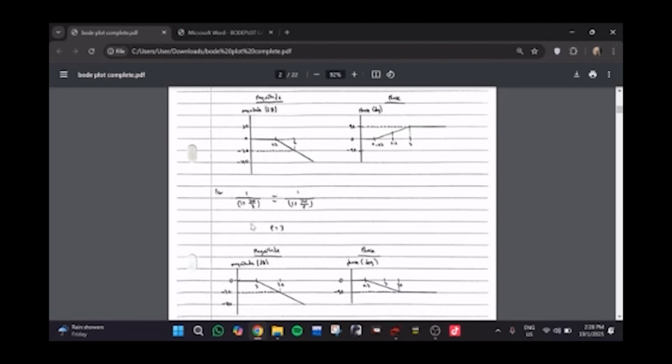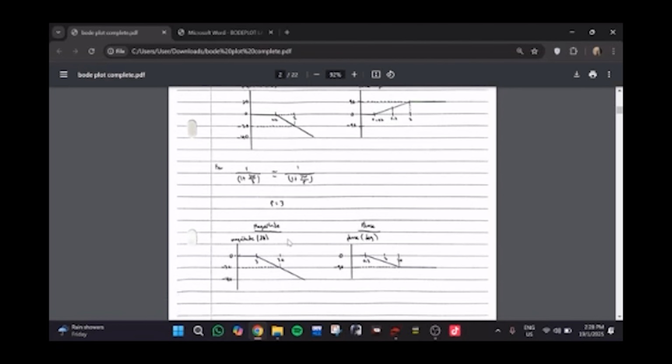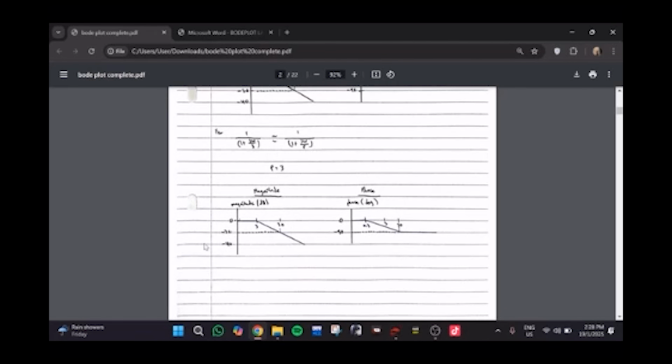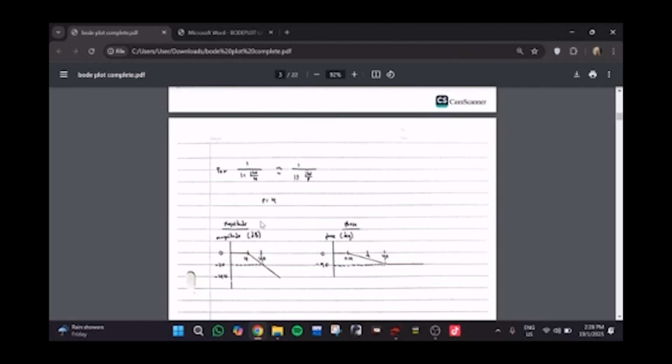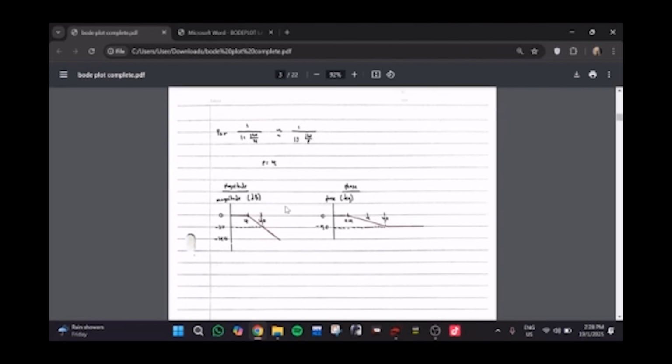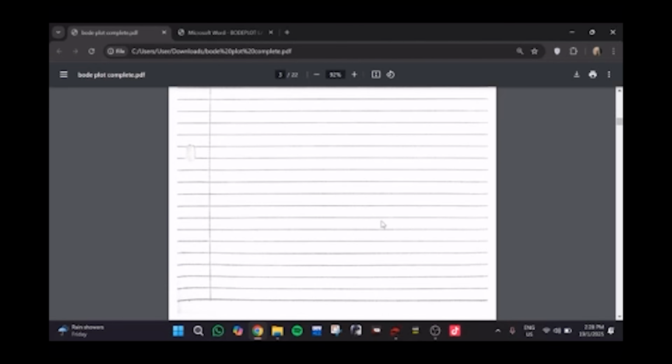And for the third one, P equal 3, this is the magnitude and this one is the phase. And the last one is P equal to 4. This one is the magnitude for P equal 4, and this one is the phase diagram.